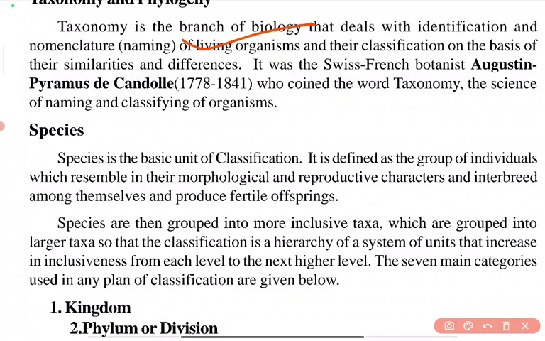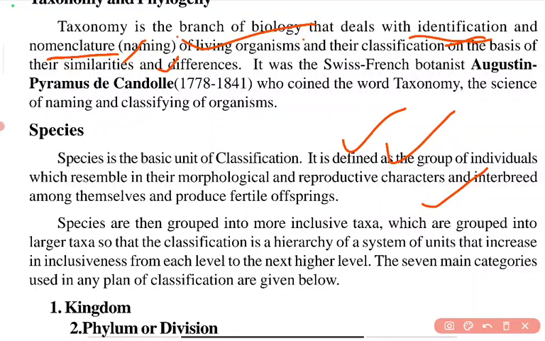Taxonomy is the branch of biology that deals with what? Identification and nomenclature. I already told you the same thing: identification, naming and classifying is what taxonomy deals with. The same way, it is just a larger version of that. Taxonomy is the identification, naming and classifying.